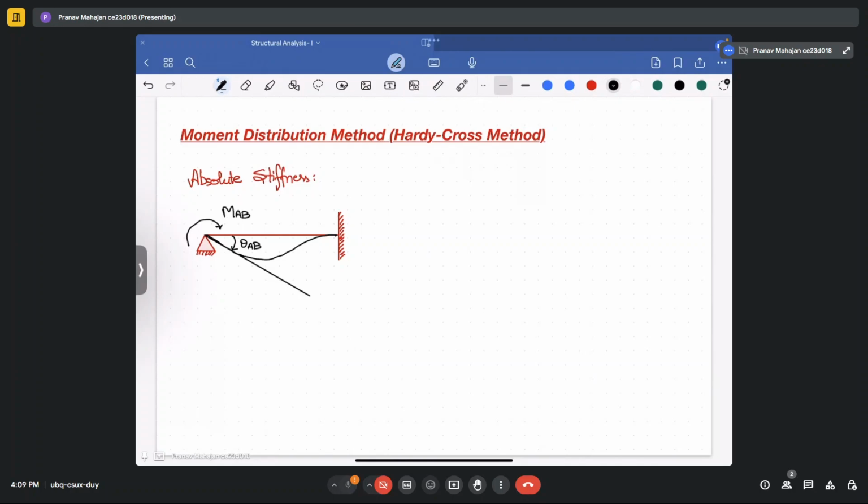So in this case, how do you define it? You define two moments, that is MAB and MBA.